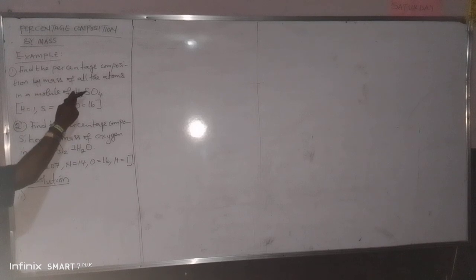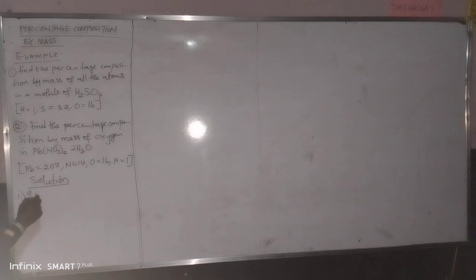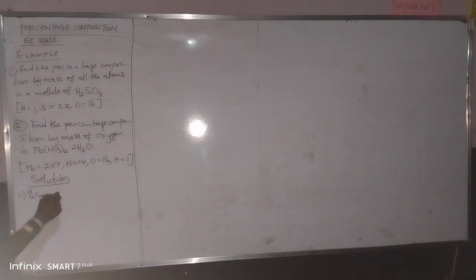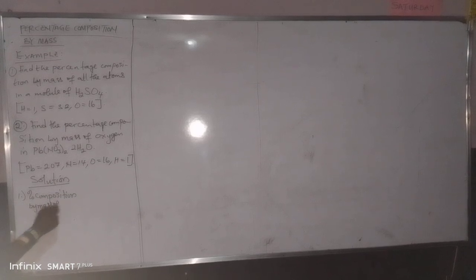That is, we are going to find for hydrogen, for sulfur, for oxygen. So, first, percentage composition by mass of hydrogen will give us what?